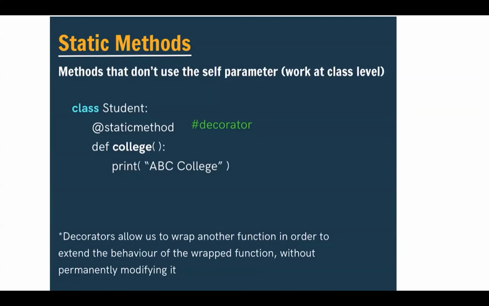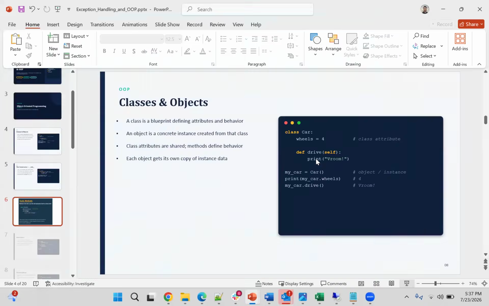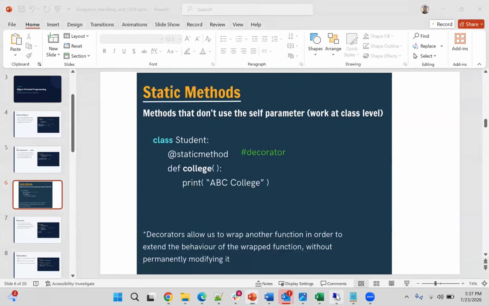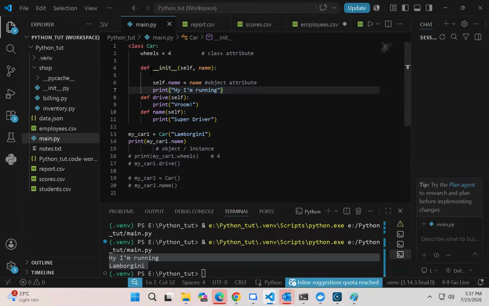What is an object attribute? We define it in a function. It is a variable which is written inside the function. That is known as the object attribute.